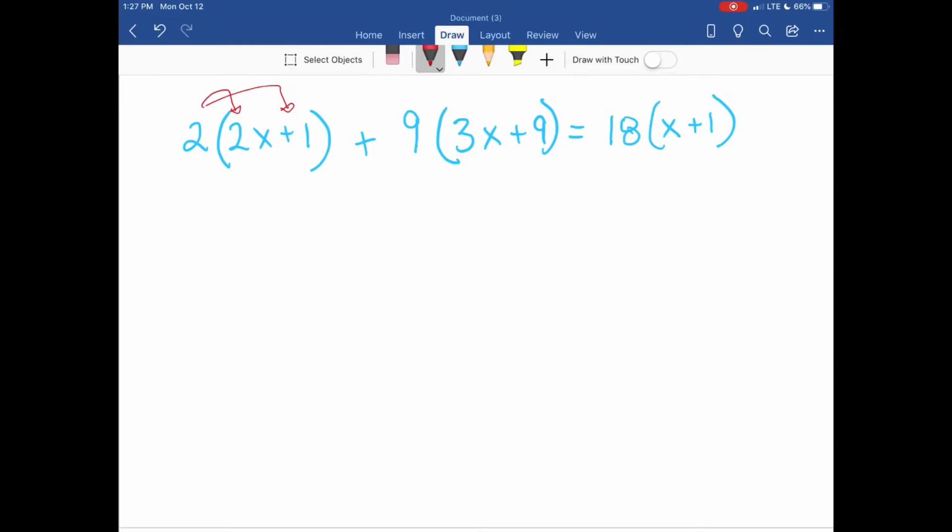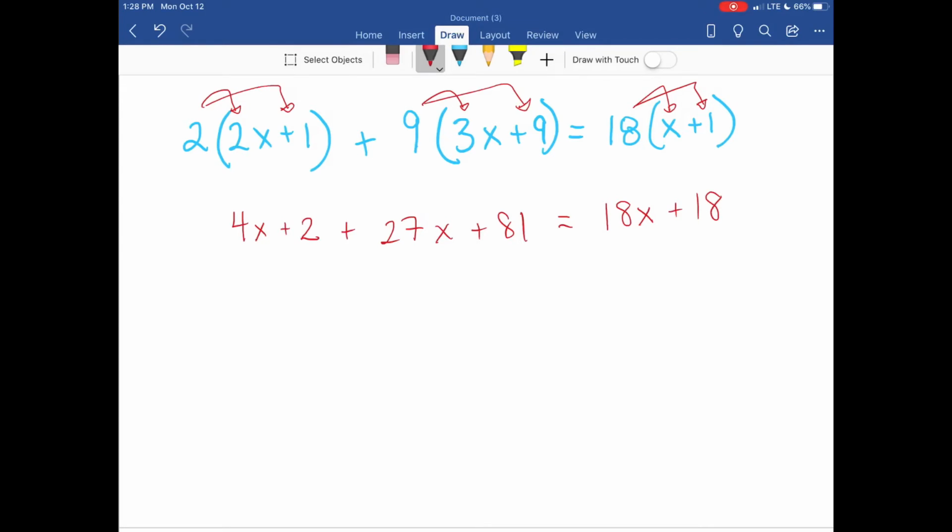So I've got 2 times 2x, that's 4x. 2 times 1 is 2. So that's my 2 distributed. Plus, and now I do the same with my 9. 9 times 3x is 27x. And 9 times 9 gives me 81. And now I distribute my 18 to x, leaves us with 18x, and then 18 times 1 is 18.